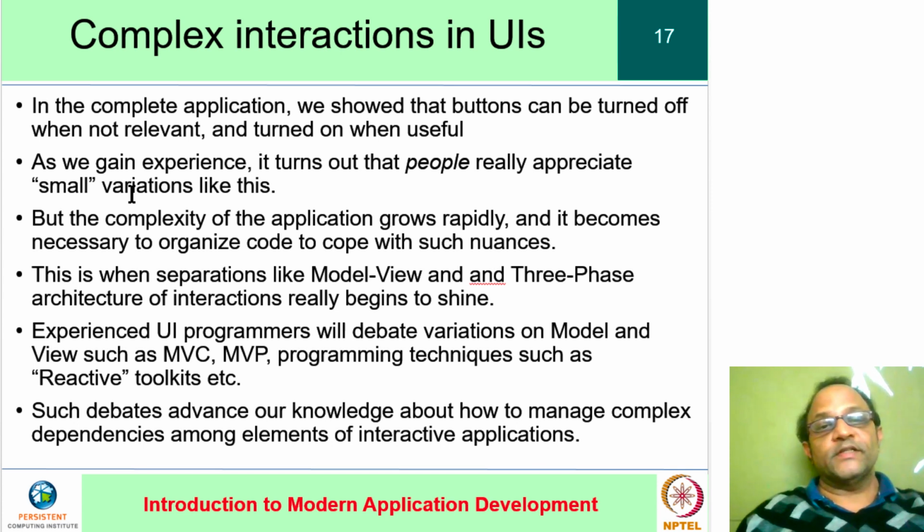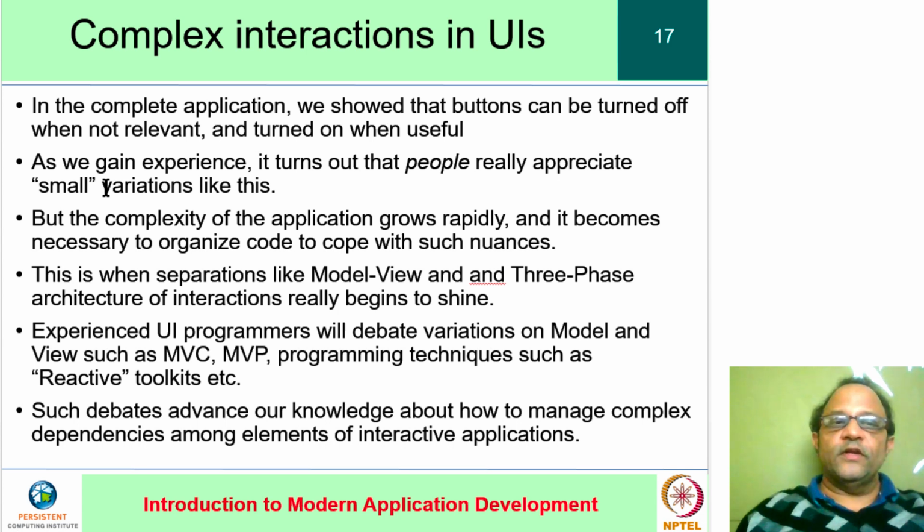As we gain experience, it turns out that people really appreciate small variations like this. But then the complexity of the application grows quite rapidly, and it becomes essential to organize code in a clear way so that you can cope with such nuances. At that point, model view and the three-phase architecture of interactions really begins to shine.